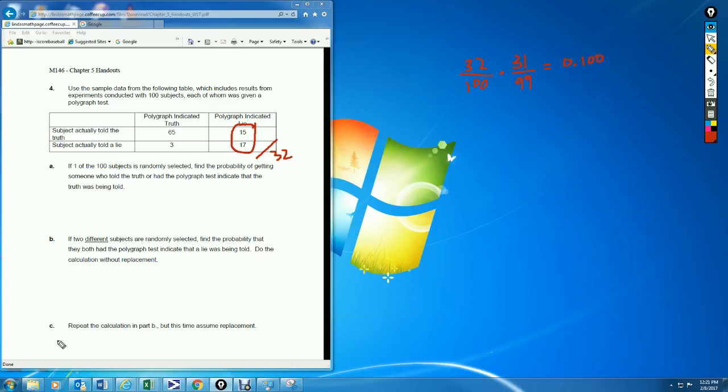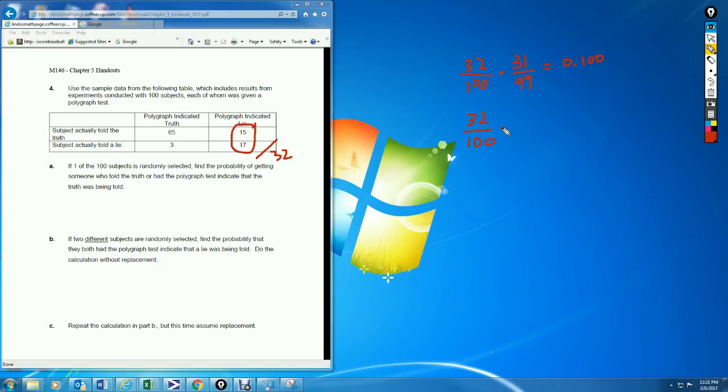And then part C is to repeat that, but this time assume replacement. So it starts exactly the same. Well, there's 32 ways for it to happen out of 100. But then whoever it was that I selected, I put them back in the bag.